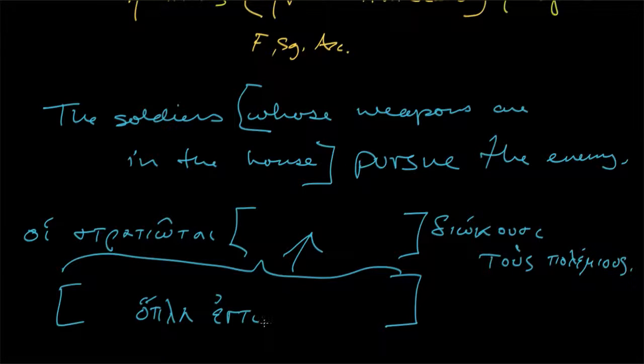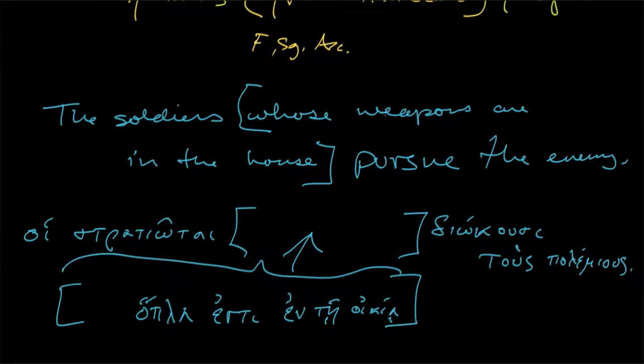That's neuter. So it doesn't need easin, plural, it just needs esti, the singular, because that's how neuter nouns work. So hopla esti, and then en te oikia, as we have it. So weapons are in the house.